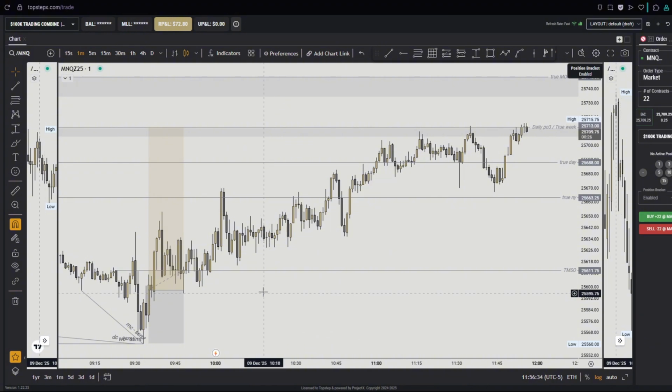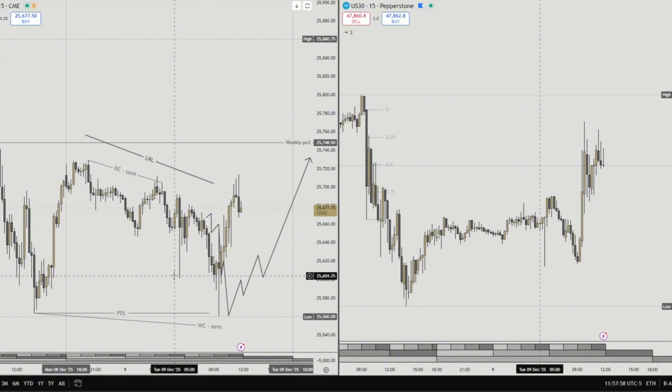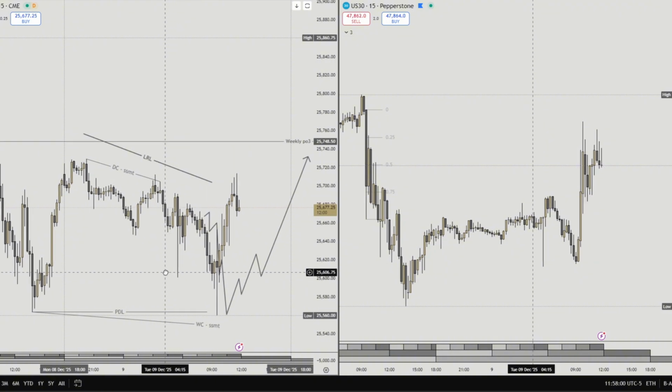So let's get straight to the higher time frame to show you guys how I predicted it. Going on the higher time frame, once again, the simplest question you need to ask yourself is, when is price going to reverse? It's always, always, always with an SMT at the lows. Most of the time it's an SSMT, but sometimes it's even only an SMT.